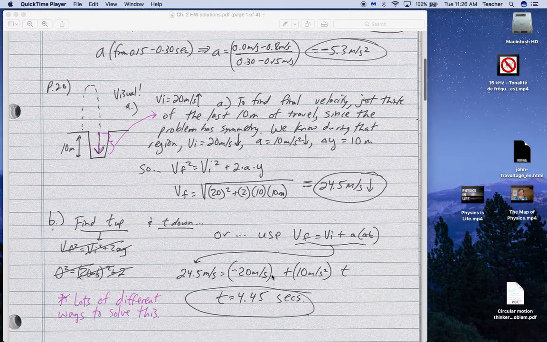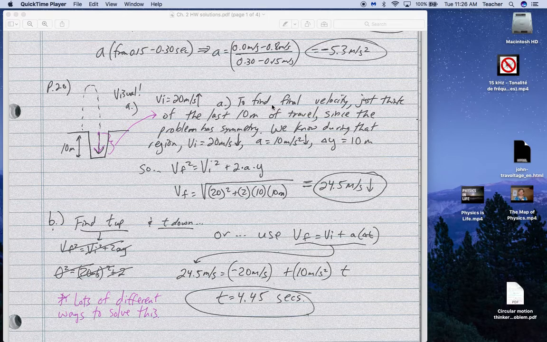For problem 20, the way that I thought about this was if you threw a ball up at 20 meters per second, to find the velocity after 1, 2, 3, and 4 seconds. Actually, I think it was asking about the final velocity and then the time it takes to do that.